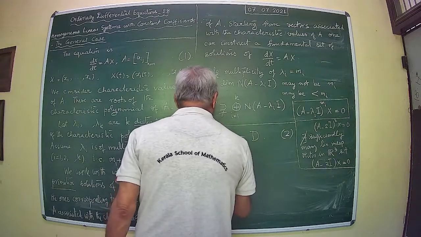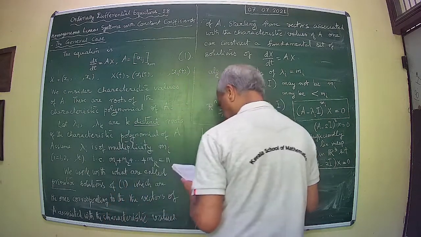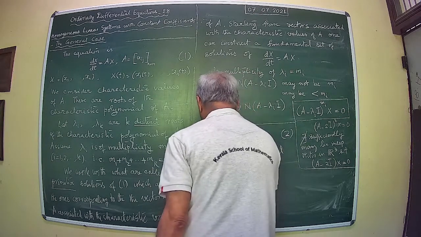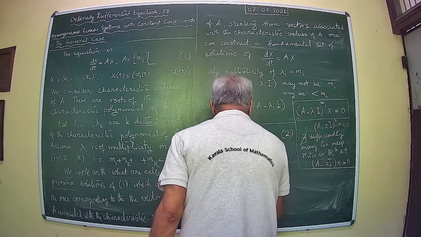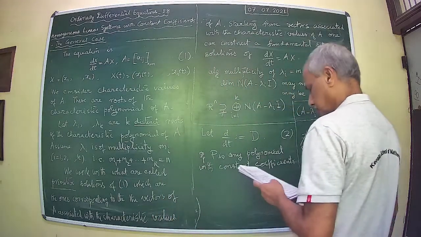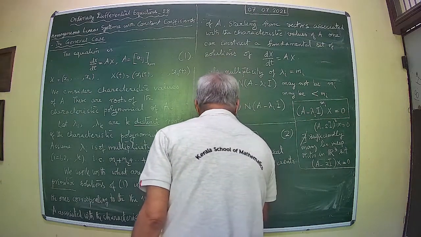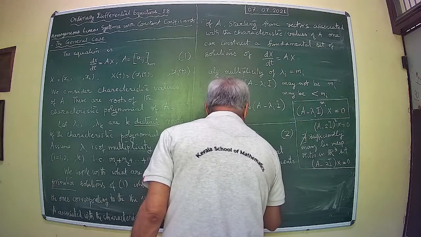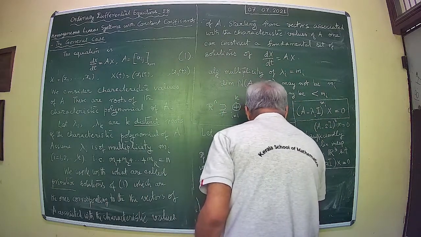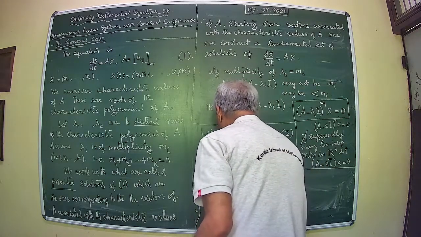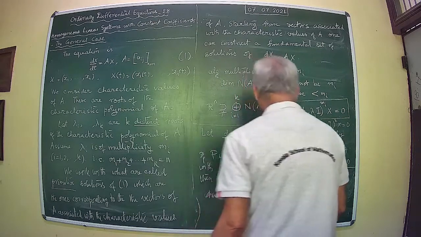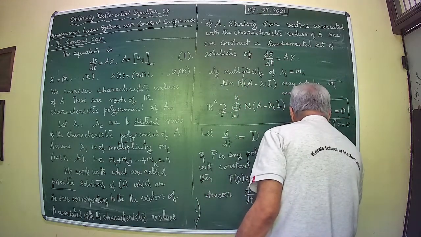If P is any polynomial with constant coefficients, then P(D)x is equal to P(A)x whenever dx/dt equals Ax.